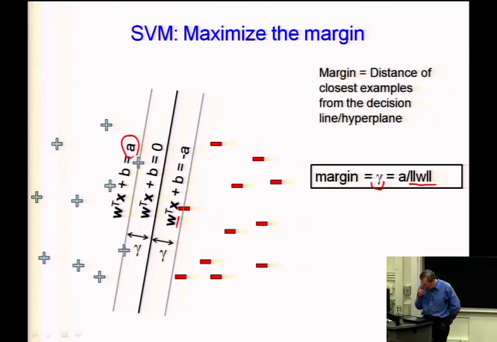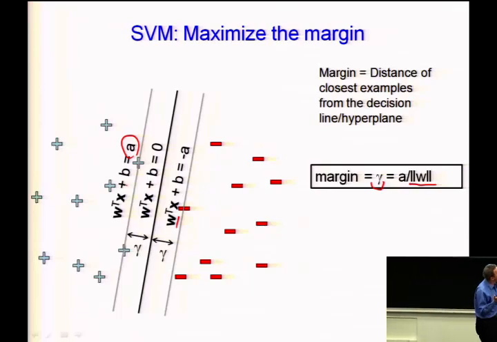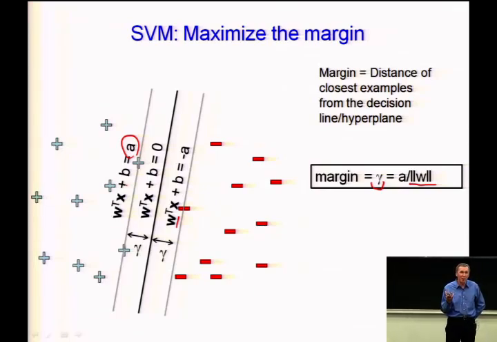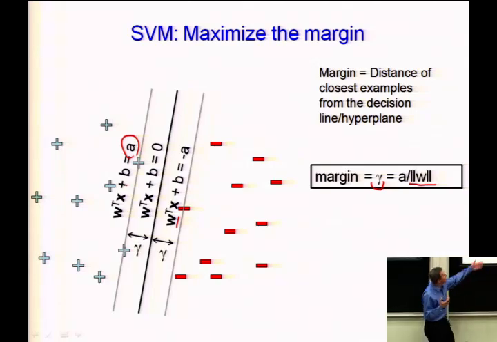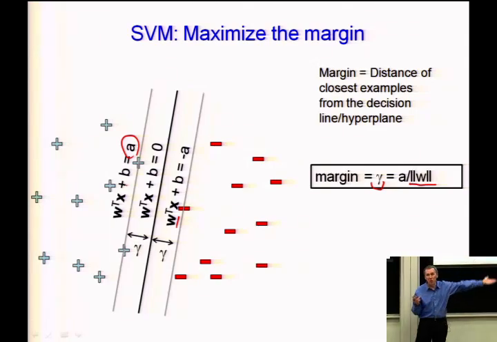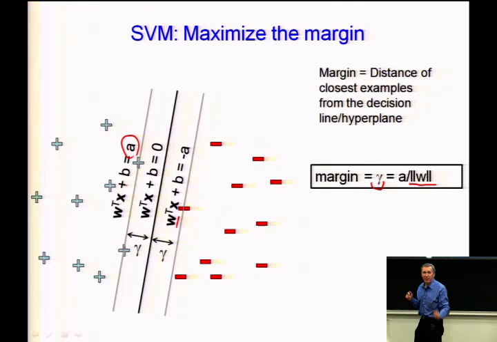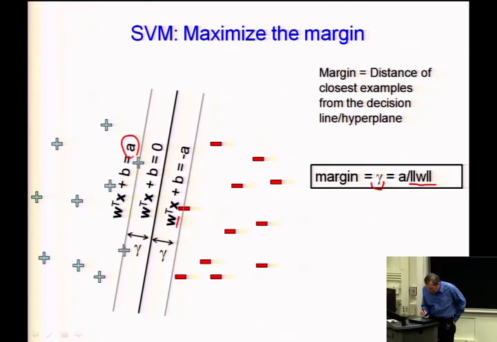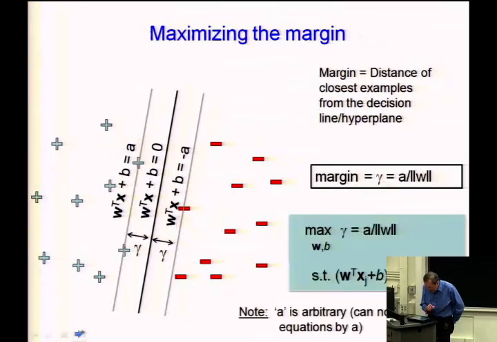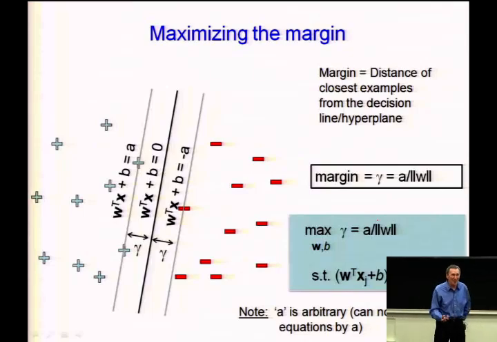So this is useful, to be able to express the margin in terms of A and W, because when we try to maximize that margin, essentially what that means is we want to minimize A over the magnitude of W. And then one further step. To be more precise, what we want to do is classify all the examples correctly and maximize the margin.